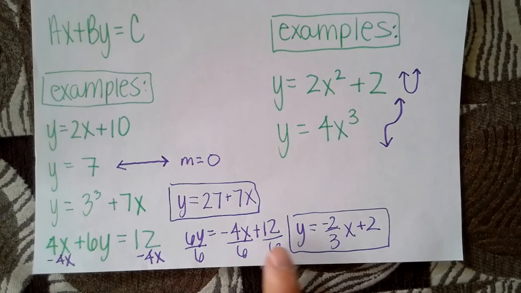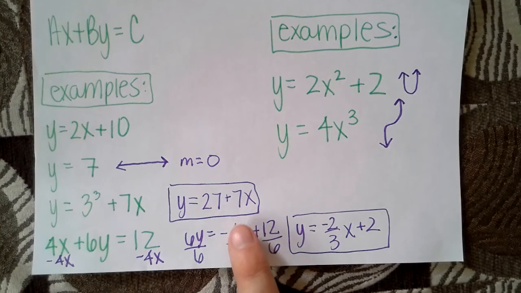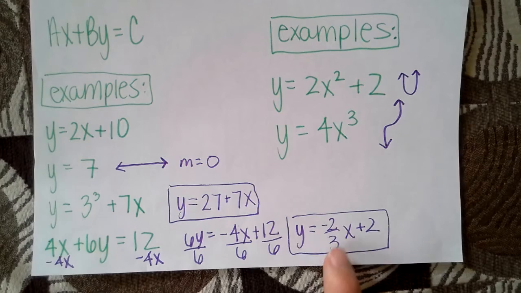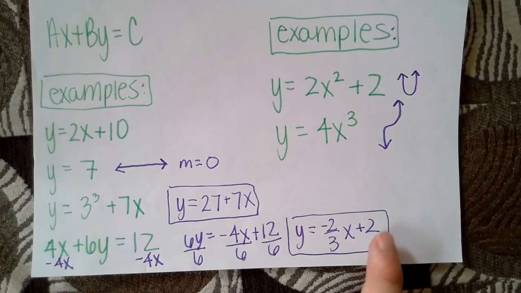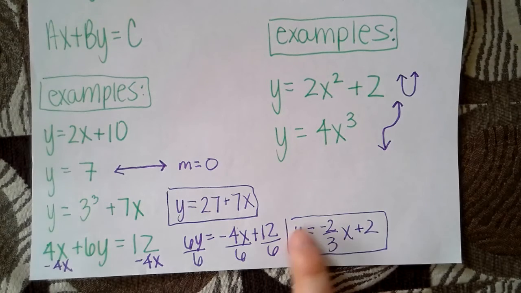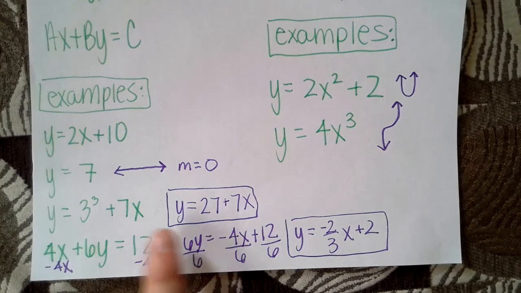So then I get negative 2/3 because negative 4 and 6 have 2 in common. So if I divide those both by 2, I get negative 2 over 3 x plus 2, because 12 divided by 6 is 2. That is in slope-intercept form, so it is a linear function. So if I had an equation where it was 4x plus 6y equals 12, that would go underneath my linear function.